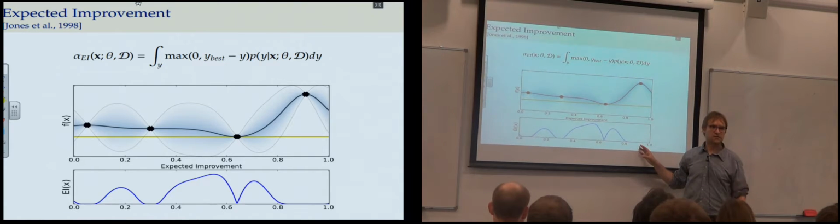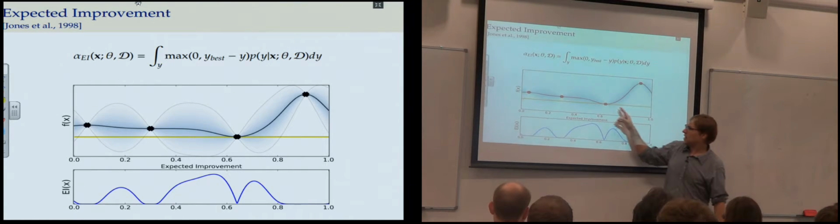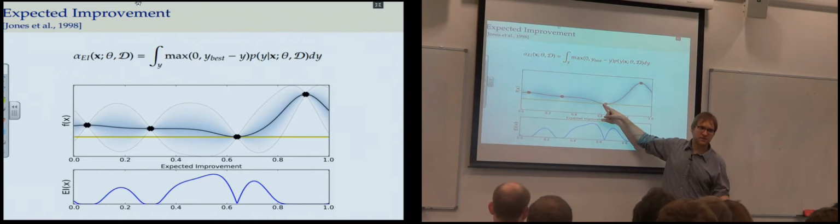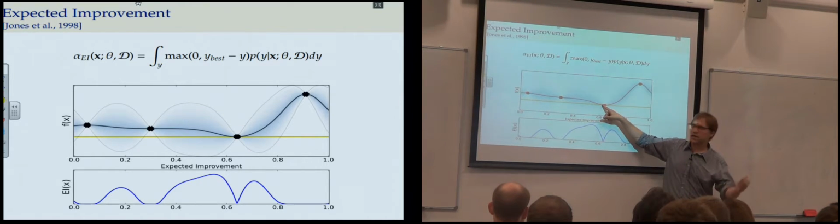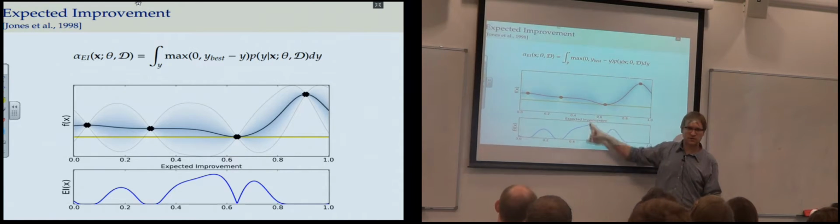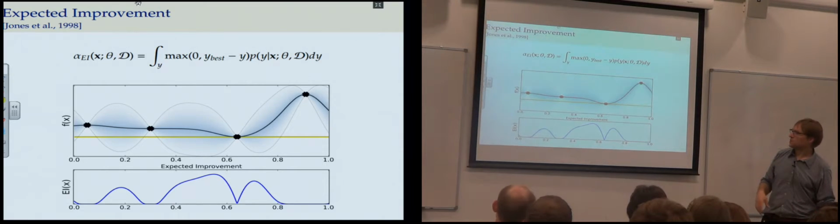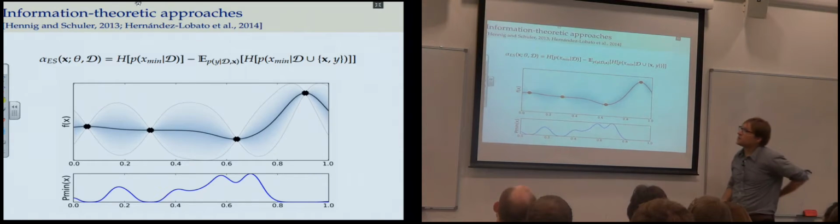There is nothing to do there. But if you evaluate somewhere over here, I have a level of uncertainty that allows me to tell you that there may be something interesting going on there. So you probably should evaluate the function there. Expected improvement.